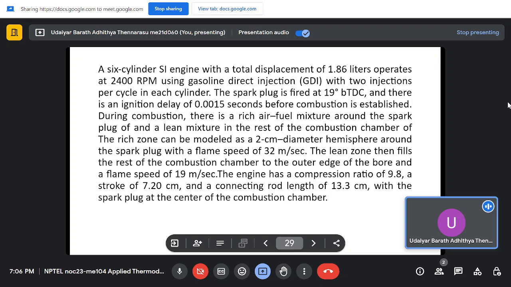So the 6-cylinder engine has a capacity of 1.86 liters, and it operates at 2400 rpm. It does 2 injections per cycle in each cylinder, and the spark plug is fired at 19 degrees before TDC, and there is an ignition delay of 0.0015 seconds before combustion is established.